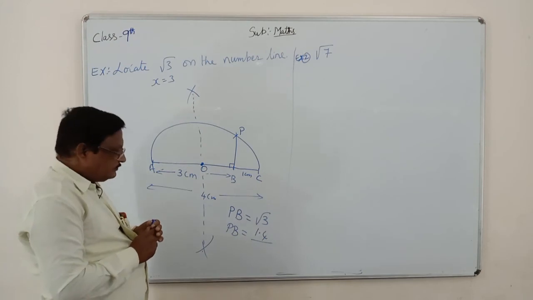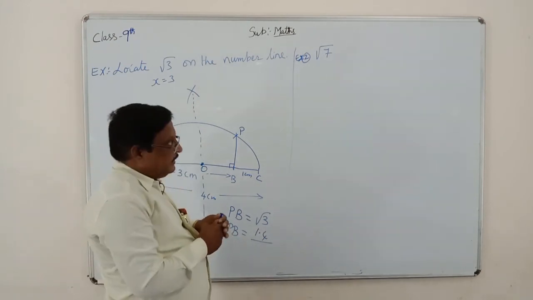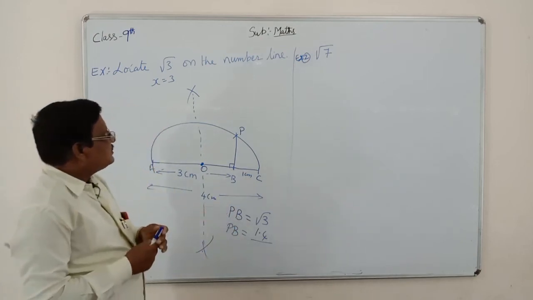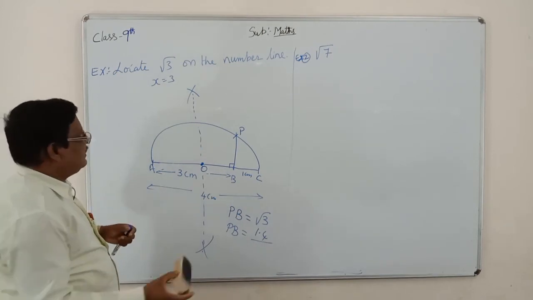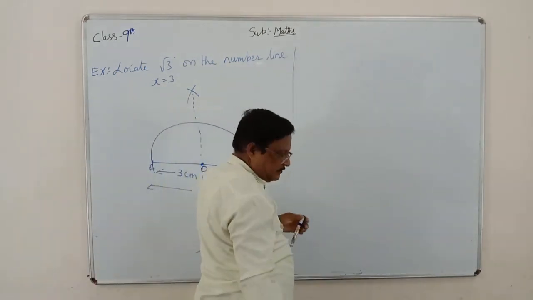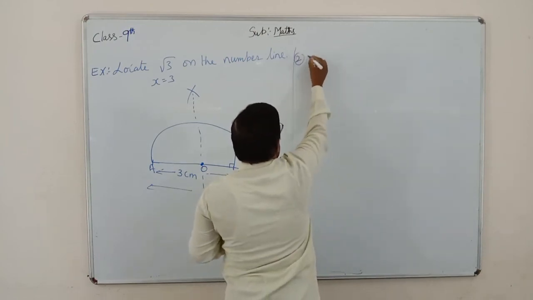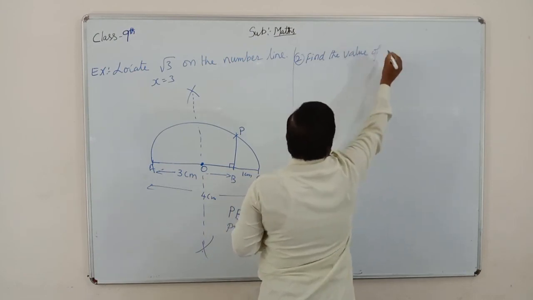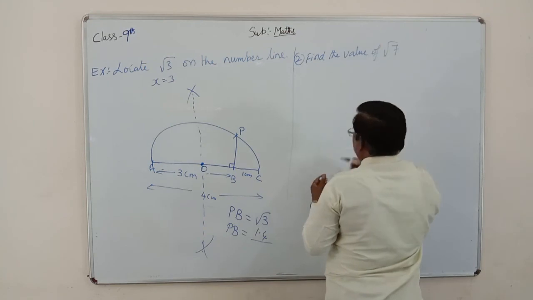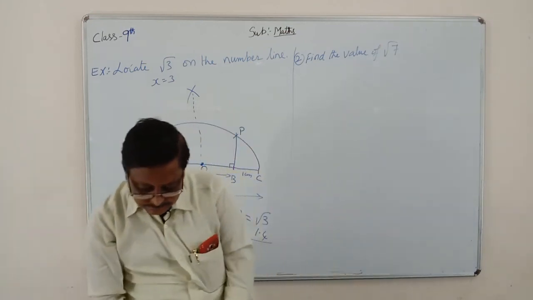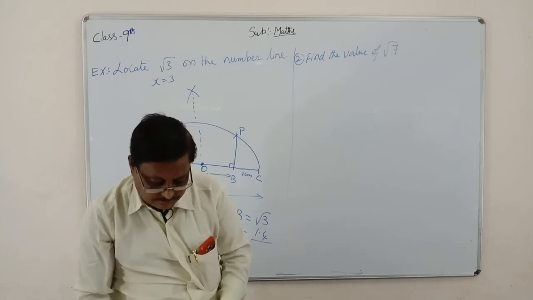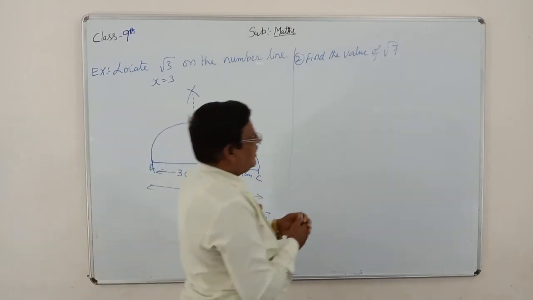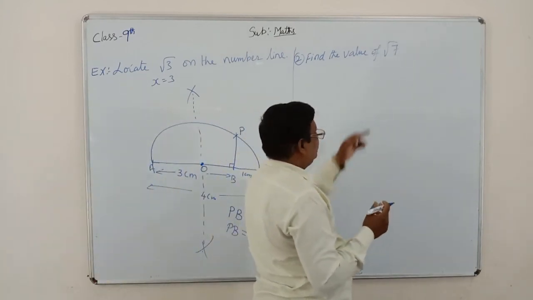Next, this is the square root of 7. Example number 2. Find the value of the square root of 7 using a number line.